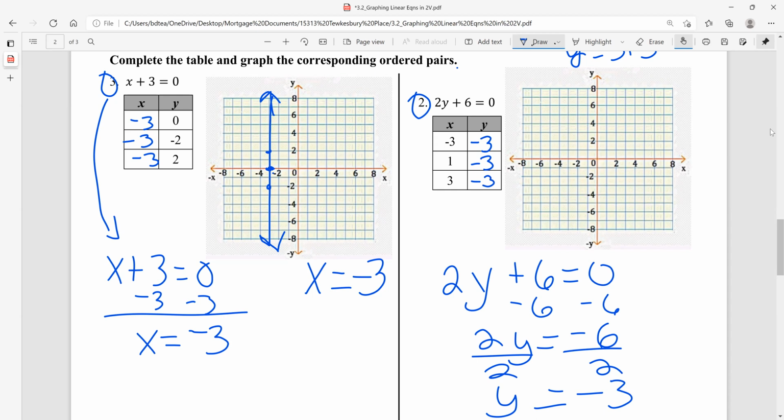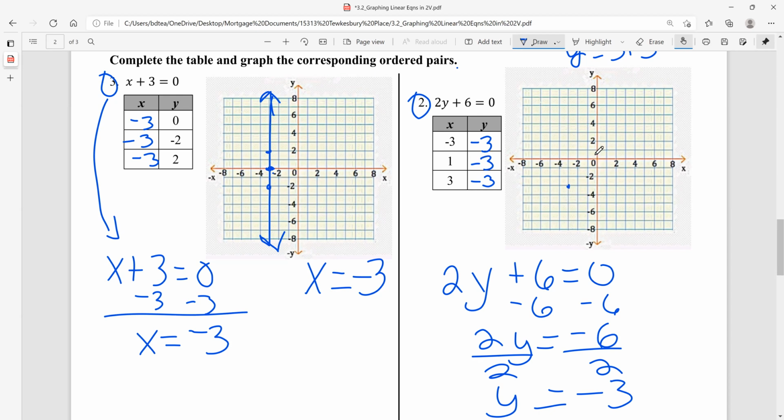Now for my lesson, we know it's going to be a horizontal line, but we're going to plot the points for verification. We plot the point -3, -3: starting at the origin, going to the left 3 and down 3 on the y-axis. So this is one point here.